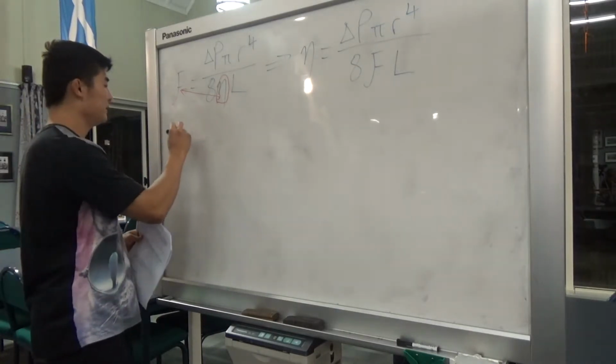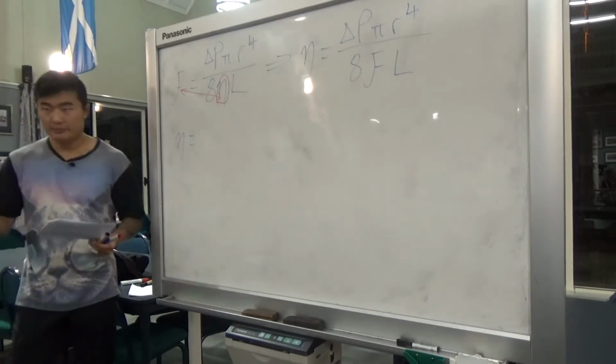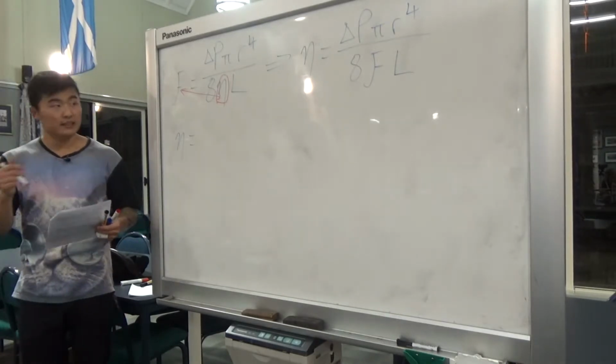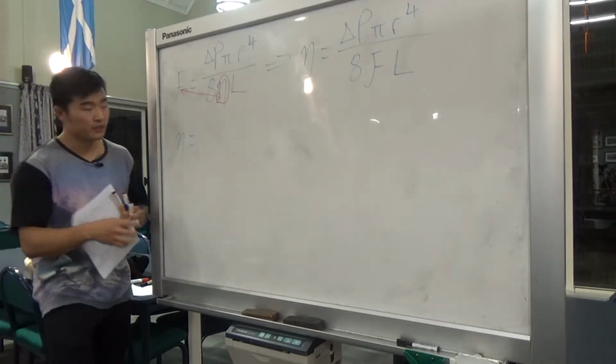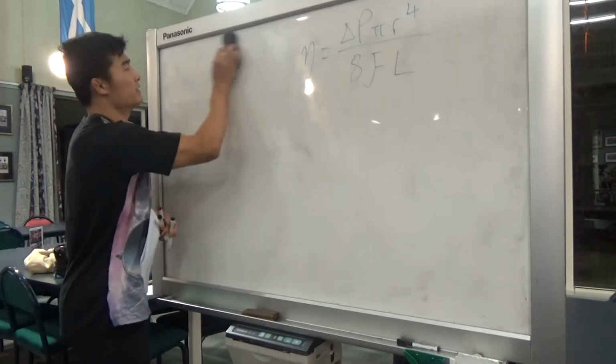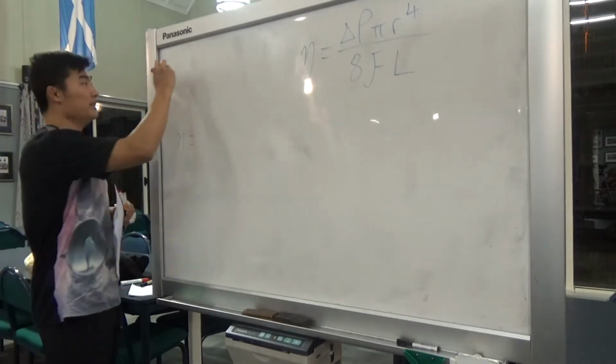Okay, so we've just done a straight swap. Viscosity is equal to delta P. We haven't been given the difference in pressure here. What we've been given is the force. So I'm going to rub this off the board here so I have some space. We have to figure out what delta P is going to be.